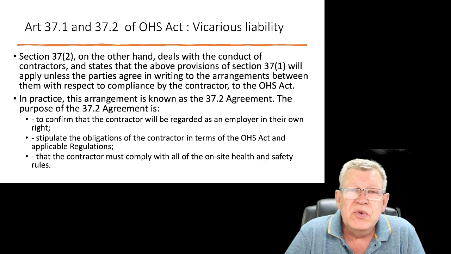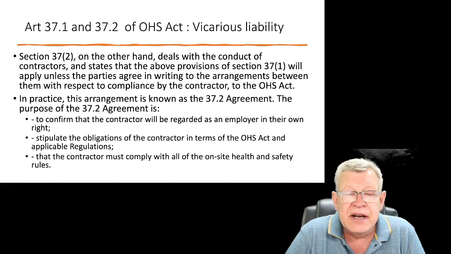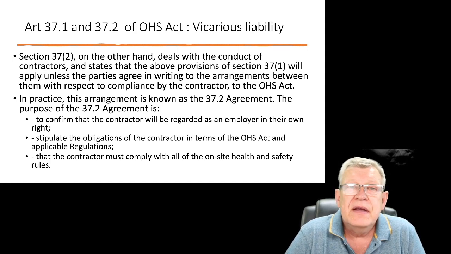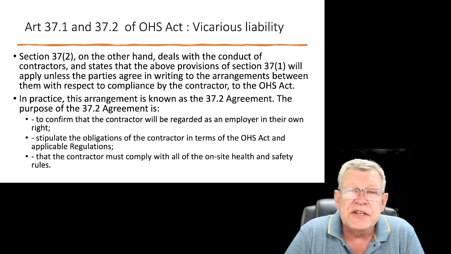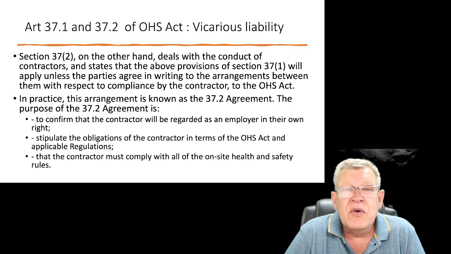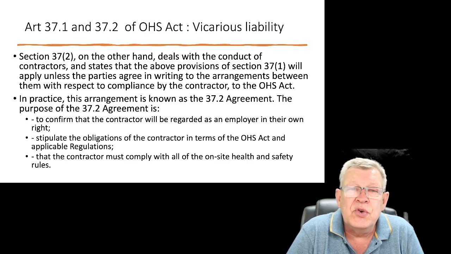So what they do is they say, please convince me that you have a health and safety management system in place by giving me examples of this checklist and that checklist and this and this and this. And if you submit that to them, then they say, okay, you convinced us that you've got a health and safety management system as an employer in your own right, and we can now accept you and you will continue to work.